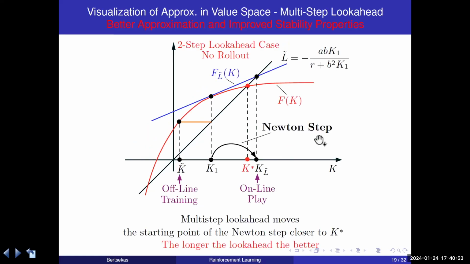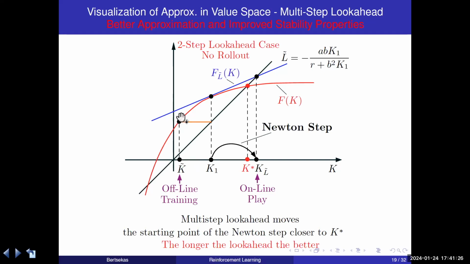So now going back to two-step look ahead and multi-step look ahead, let's try to visualize that. In approximation in value space, we have a cost function approximation, this K tilde. Now, in two-step look ahead, we first apply a value iteration to that, and the result is where the first step of look ahead minimization is done, which is a Newton step.